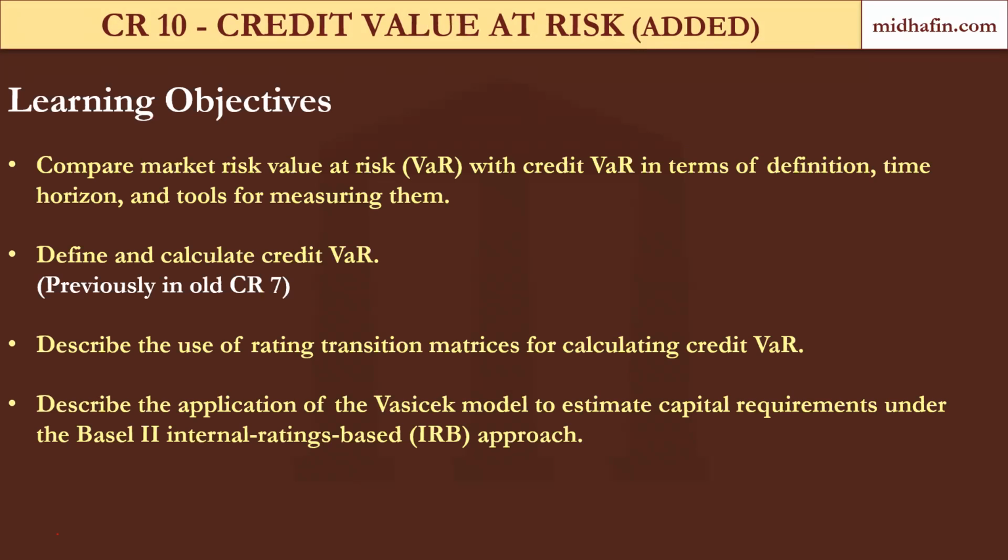CreditMetrics model to estimate capital requirements under the Basel II internal ratings based approach. Now, this learning objective also, CR10, the CreditMetrics model, is quite similar to one of the learning objectives that we have covered in valuation and risk models. I think it was chapter 6, measuring credit risk, right? So it was also related to credit risk only, and a model was used where we had the frequency of default, which was modeled, and the number of defaults were modeled.